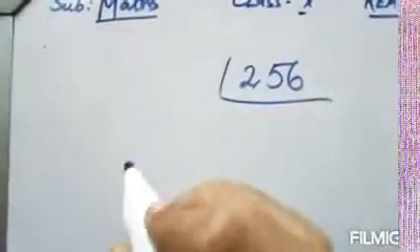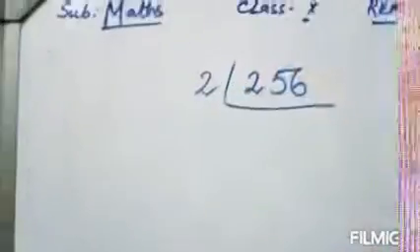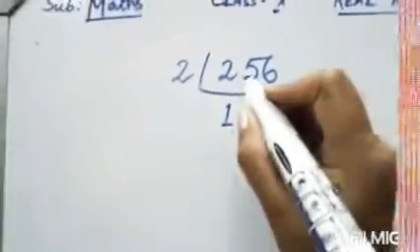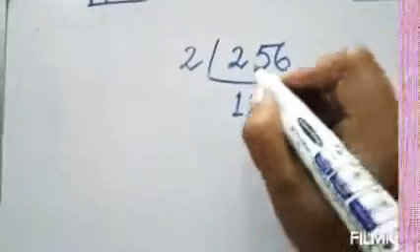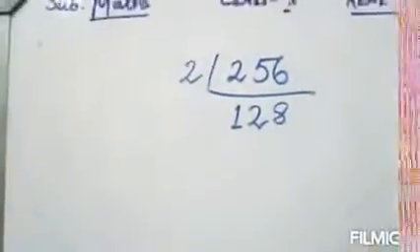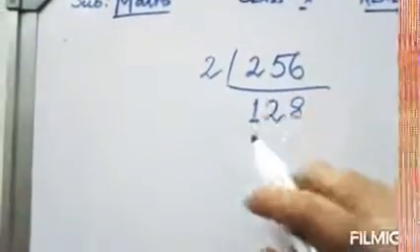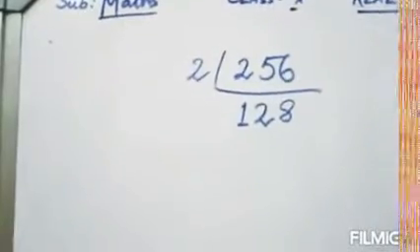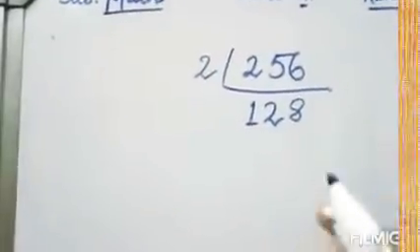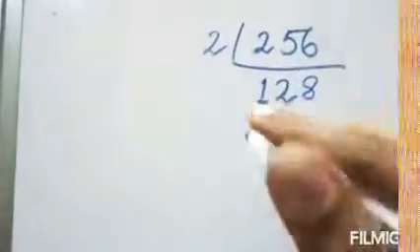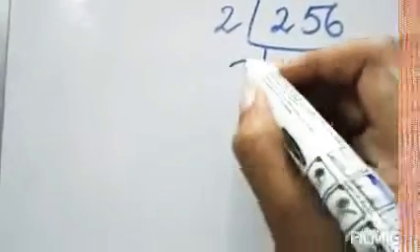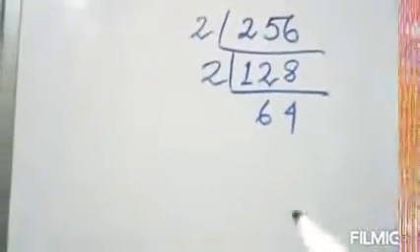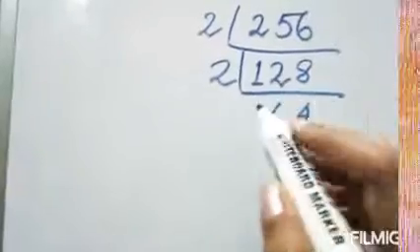As it is an even number, we'll try with the first prime number, that is 2. 256 divided by 2 is 128, right? Because 2 2s are 4, and 1 comes as remainder, then 16, 8 2s are 16. Next again by 2, 64, right? 6 2s are 12, 4 2s are 8.